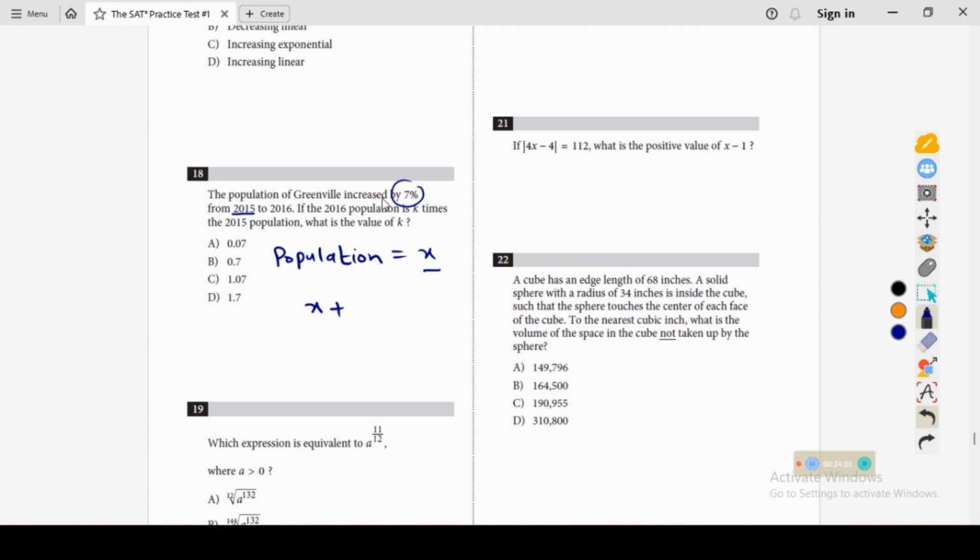Since the population is increasing by 7%, it gives x plus 0.07 times x, and it becomes 1 plus 0.07 times x, which becomes 1.07x. So the value of k is 1.07. So C is the correct answer.